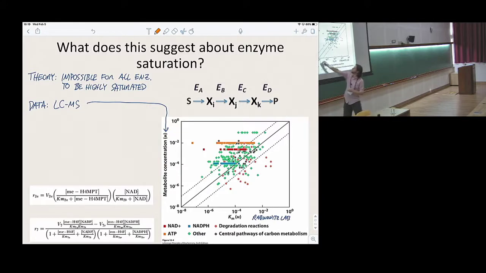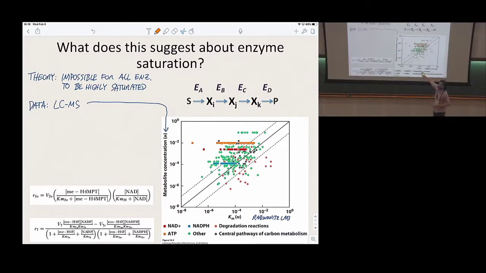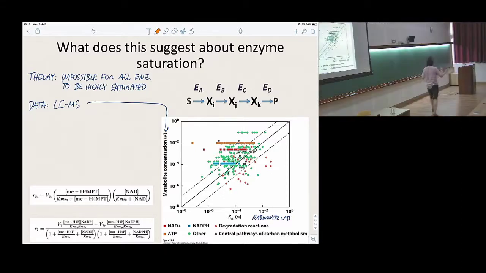Note the scale. So this is actually in molar. Millimolar would be right there, which is a fairly decent guess. A lot of metabolites are in the millimolar range. Many order of magnitude differences. And then here's Km values, the saturation constants for different enzymes, also over quite a different range. So these can be all over the place.